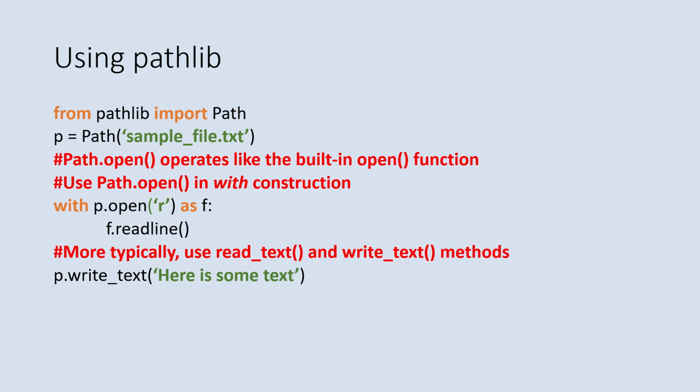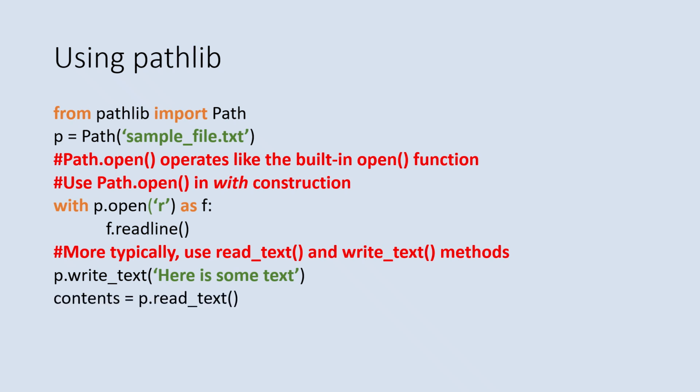Instead, we would do things like, here's the path to a file, and if we want to write text to that file, we would say p.write_text. Here is some text, and it will write that text to that file. So it opens the file, clears out what's there, writes that text, and then closes the file automatically. So the write_text method opens it, allows you to write, and then closes.